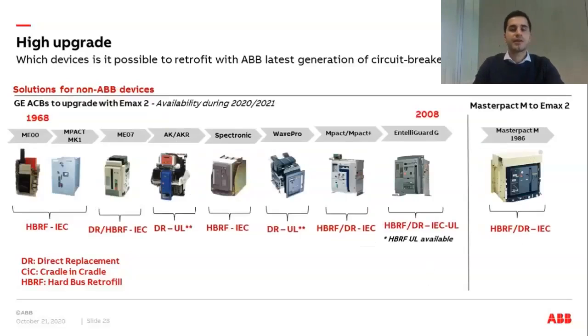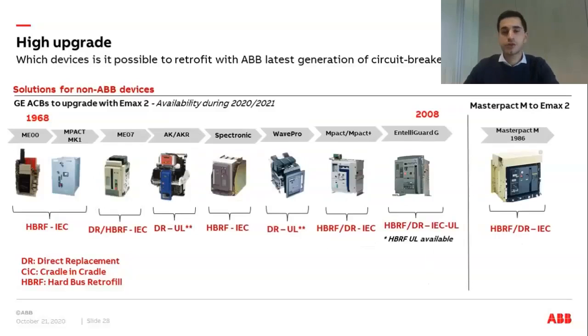Here are other devices that it is possible to upgrade with our solution, and we are talking about non-ABB devices. In this slide, you can see the solutions that are going to be available by the end of this year or during 2021 to retrofit GE legacy breakers.